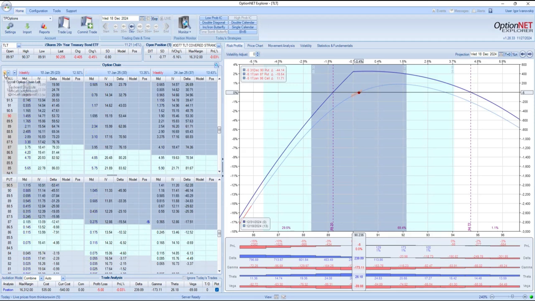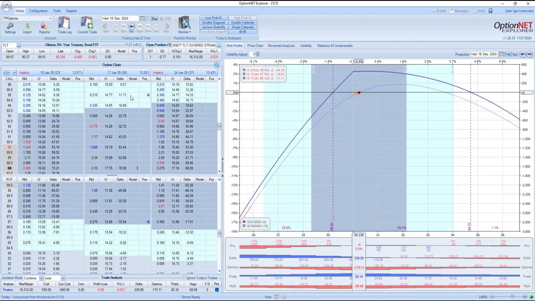That strangle is in the January 17th expiration. I sold an 87 put, a little bit farther out of the money. This one is currently delta about 15. And I sold an out of the money call at around, now it's delta 11 or 12.